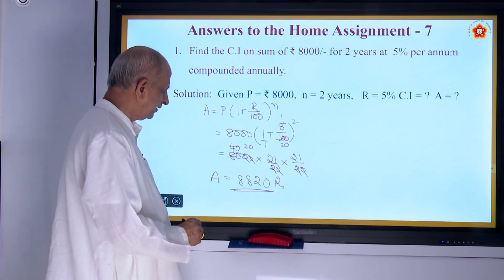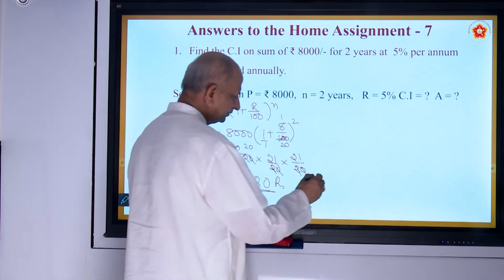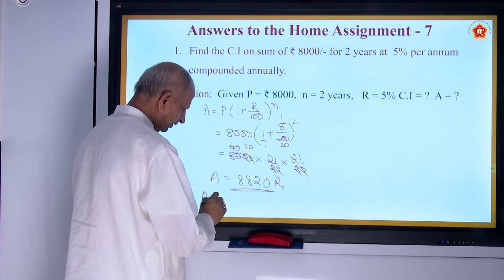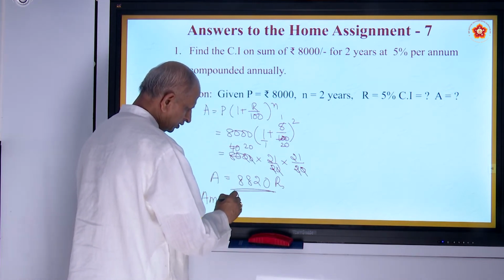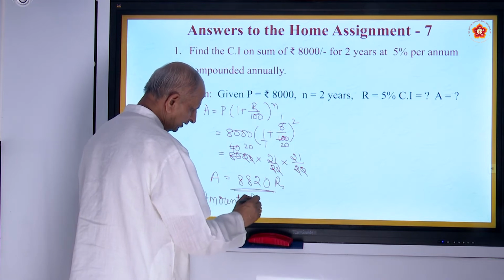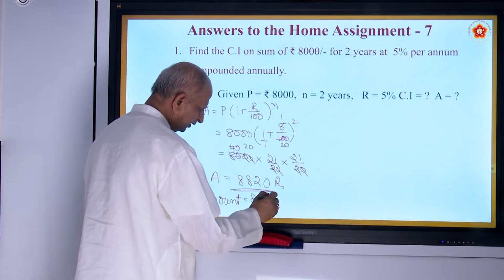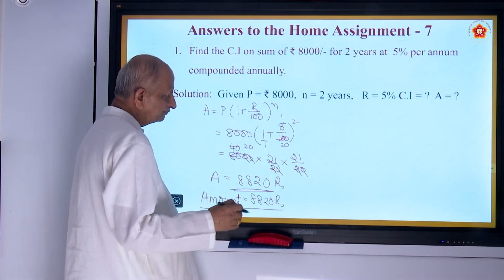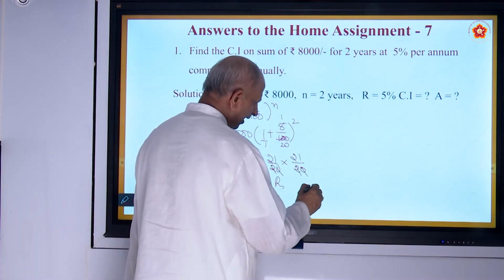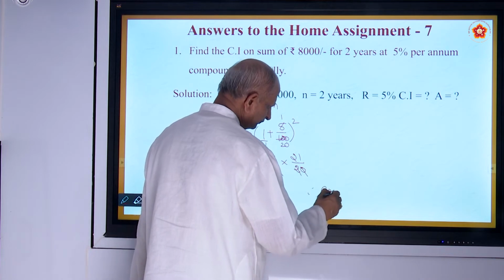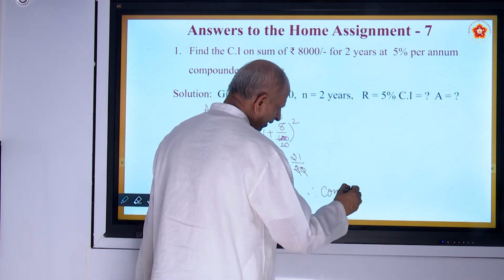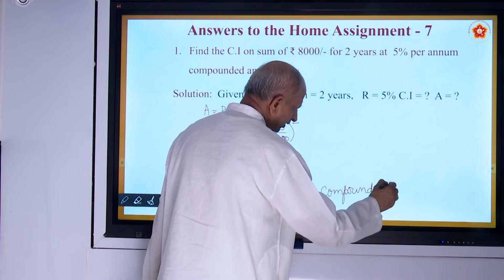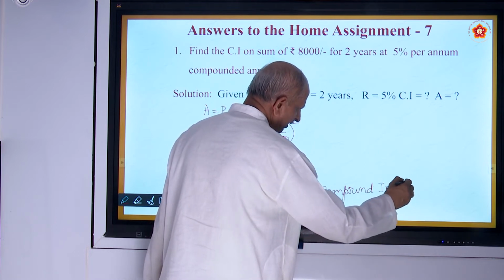And what about CI? So, first answer, you get the amount for 2 years, 8,820 rupees. And second one, compound interest. Compound interest is equal to amount minus principal.